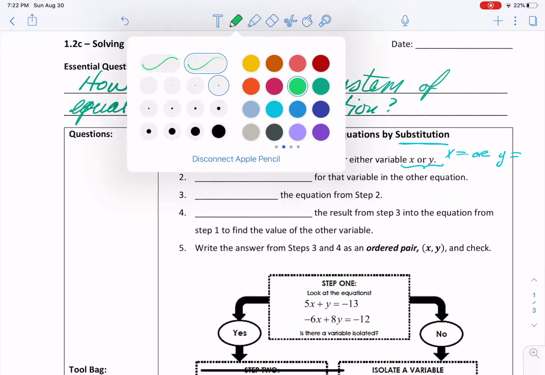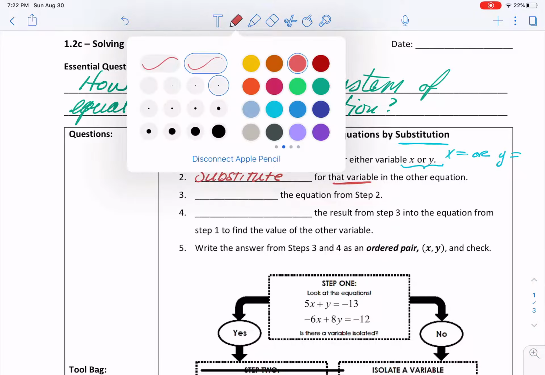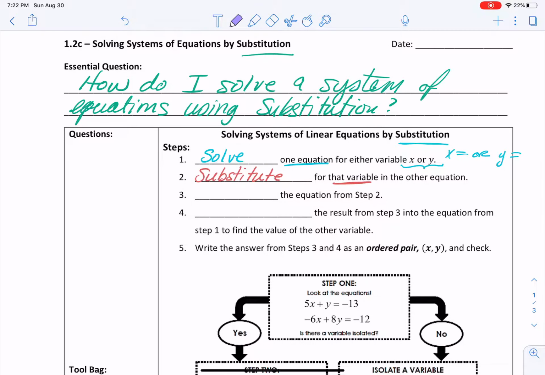And then we need to substitute for that variable in the other equation. So if I solve for x equals, then anywhere there's an x in the other equation, I'm going to substitute that value.